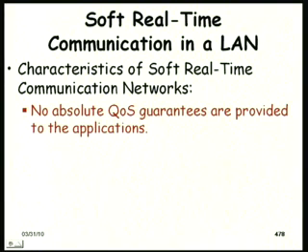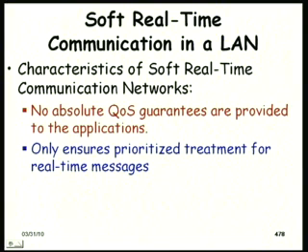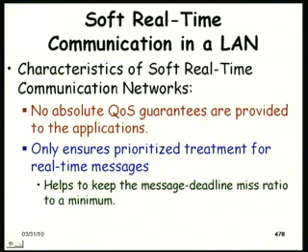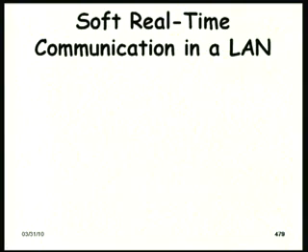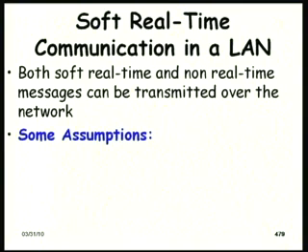Here no absolute quality of service guarantees are needed by the applications, and we only need prioritized treatment based on what class they belong to. We need to keep the message deadline miss ratio to a minimum for this kind of class.